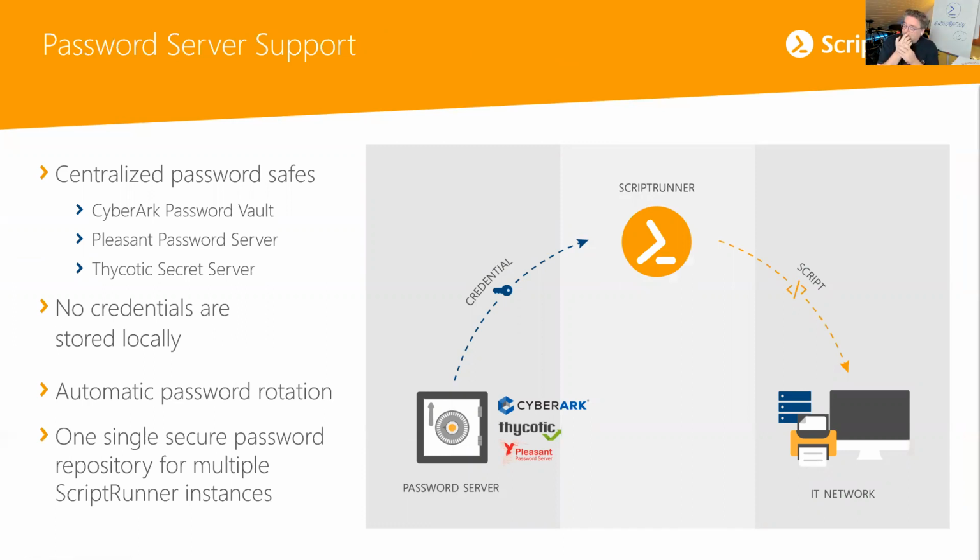And then in this case, when there is a script that wants to establish a connection to your Exchange server or to your Azure subscription, this credential is queried in real time. So you get the right information at that point in time, not stored anywhere locally.